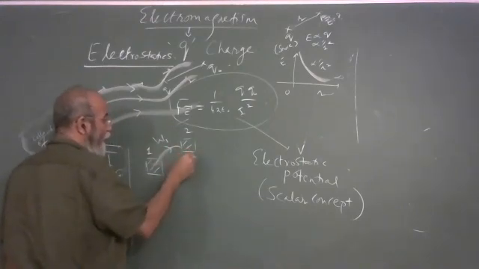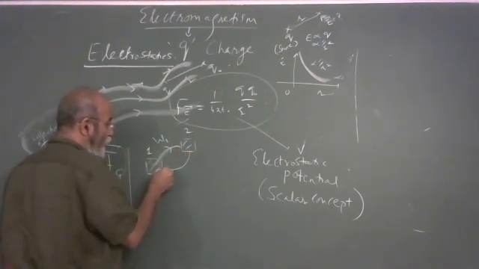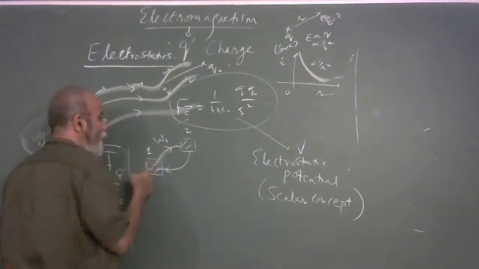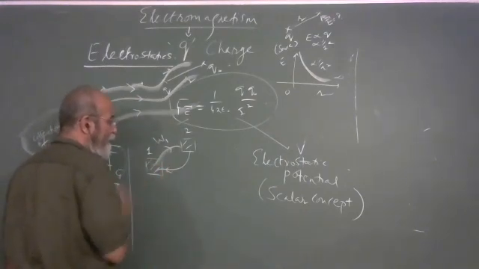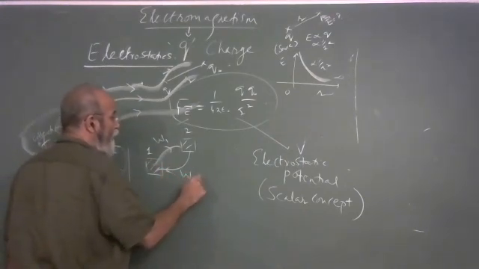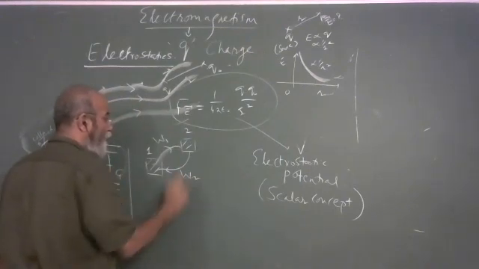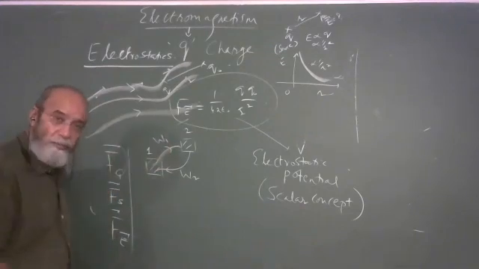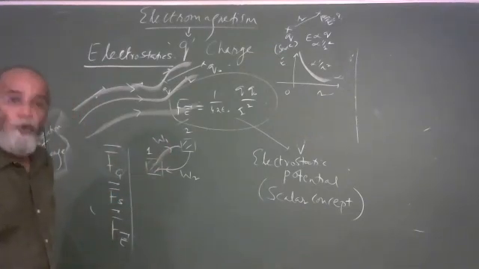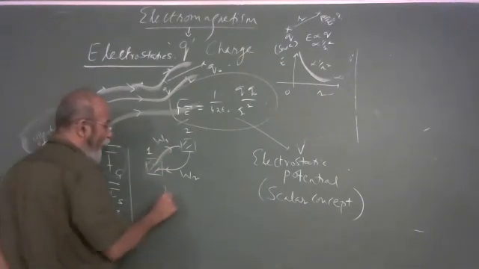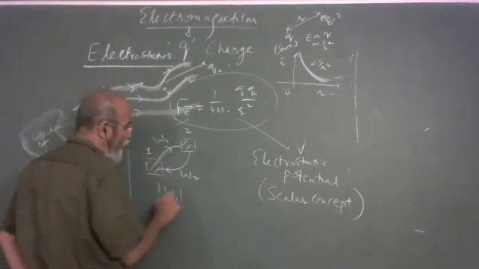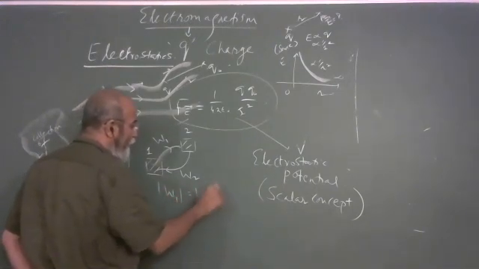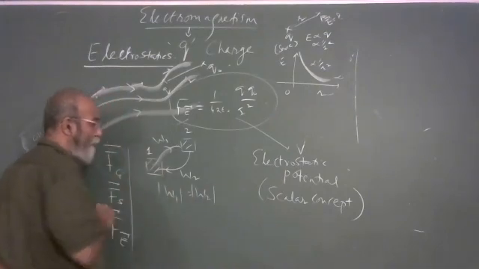Then, when I return from 2 back to my original position via some other path, I did work W2. Same force involved. To my surprise, I found that W1 was equal to W2 in magnitude.